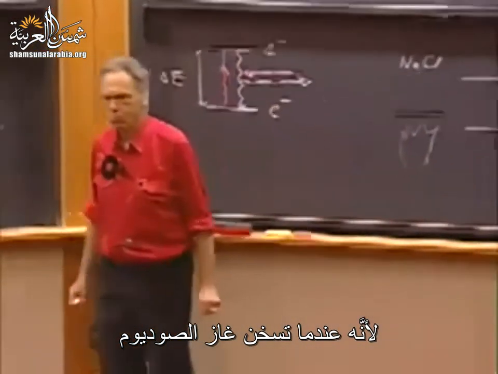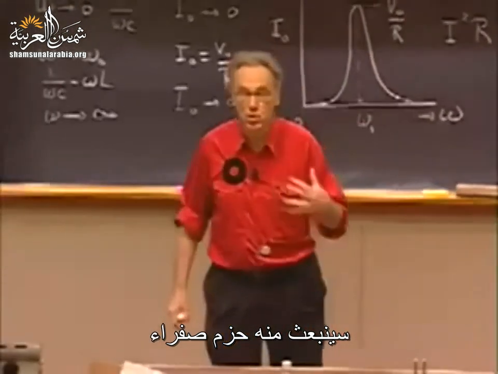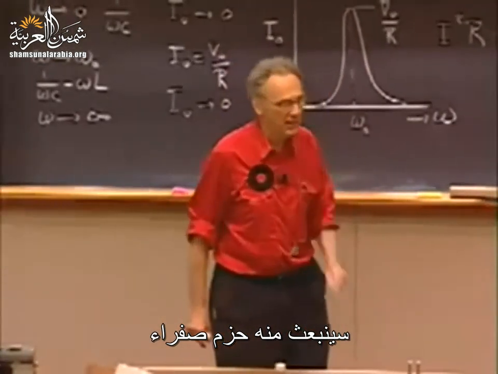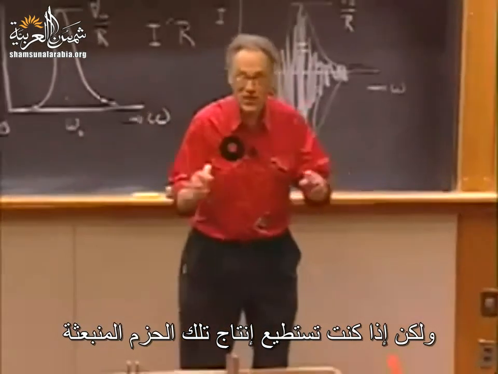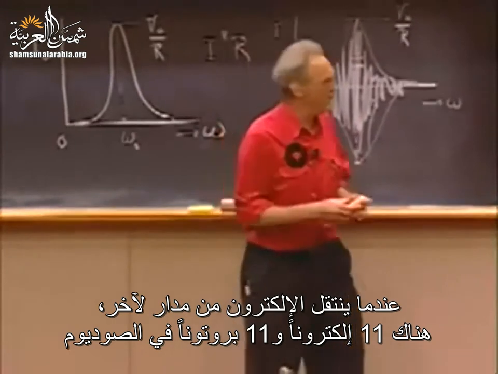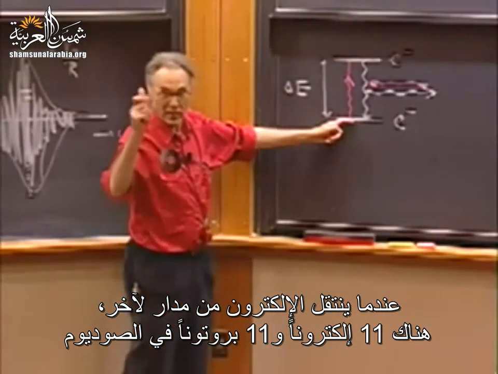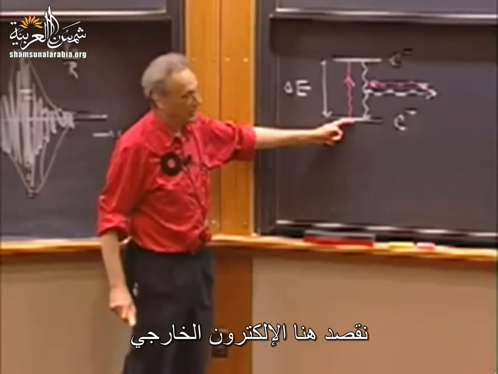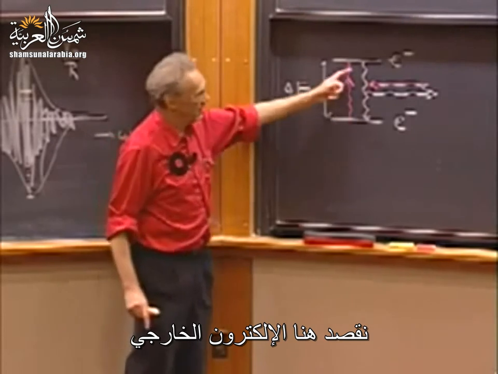Because sodium, when you heat it, can produce an emission line in the yellow. If it can produce that emission line when the electron goes from here to there, it's the 11th electron, by the way, the outermost electron of sodium. 11 protons, 11 electrons.